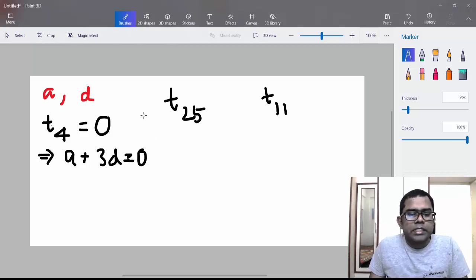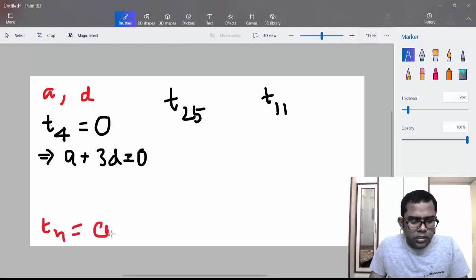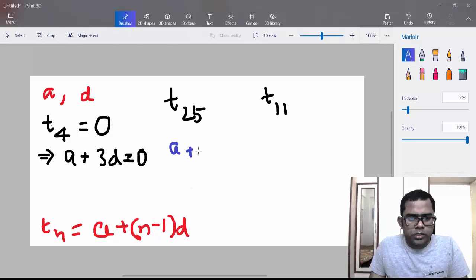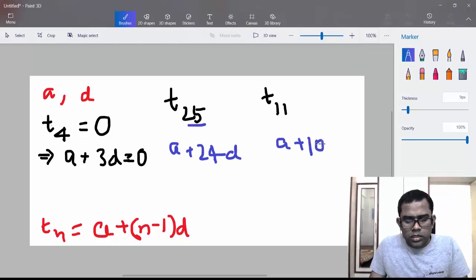By the general formula, Tn is equal to A plus n minus 1 into D. So T25 will be A plus n minus 1 into D, that is 24 D, since 25 minus 1 is 24. And similarly T11 will be A plus 10D.